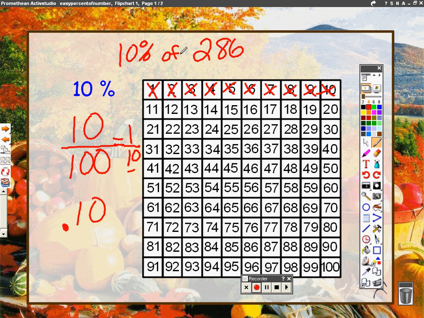And we know that when we divide by 10, because we just worked on expanded notation and we looked at our numbers charts, our ones, our tens, our hundreds, that when I divide by 10, I just move over one space. So it would be 28.6.